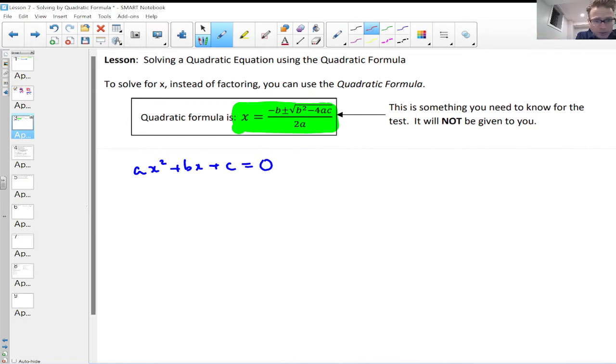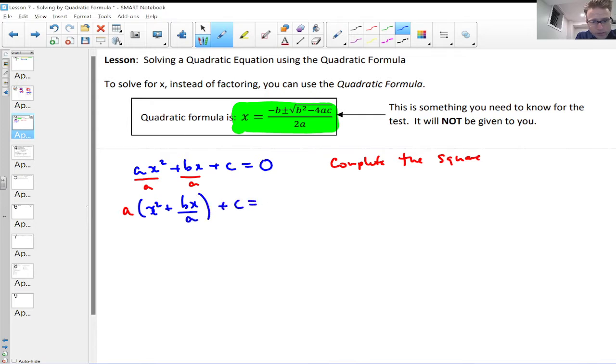First step, we're going to divide the first 2 terms by a. What I'm going to do here is what we call complete the square. So divide the first 2 terms by a. Here I will have x squared plus bx over a plus c is equal to 0.